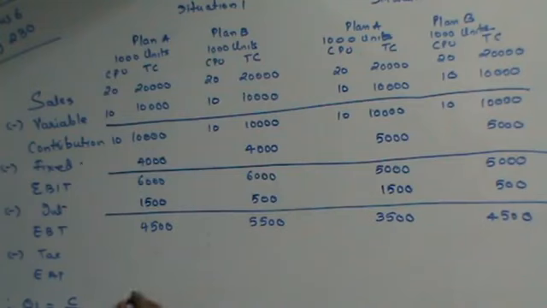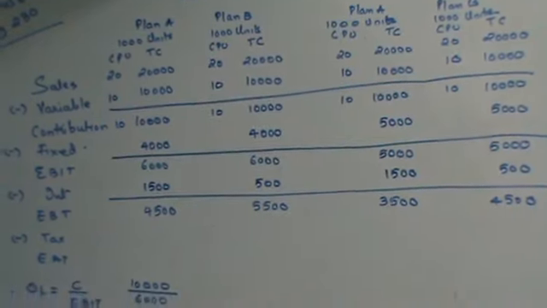Now let's calculate the leverages. Operating leverage is contribution divided by EBIT. EBIT is 6,000. 10,000 divided by 6,000 is 1.66.